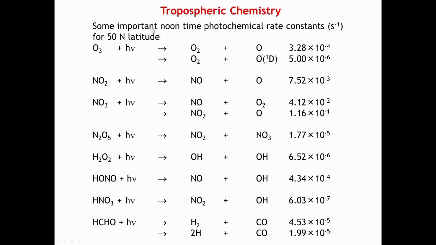So, what drives the cycles of tropospheric photochemistry? Which of these photolyzing species has the shortest lifetime?